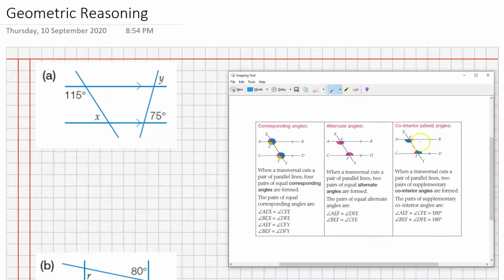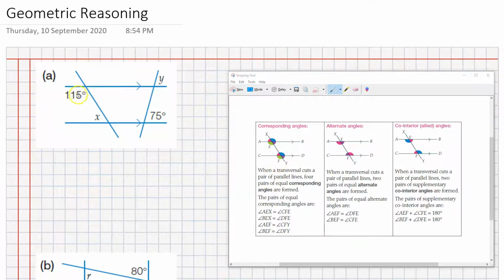These three properties allow us to deduce, by geometric reasoning, the angles subtended by these arbitrarily placed lines. So, for example, if we're trying to find the value of x, we can easily deduce it by looking at the corresponding angles or the cointerior angles.